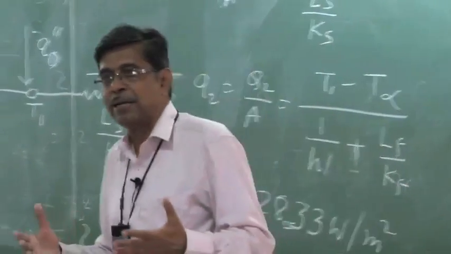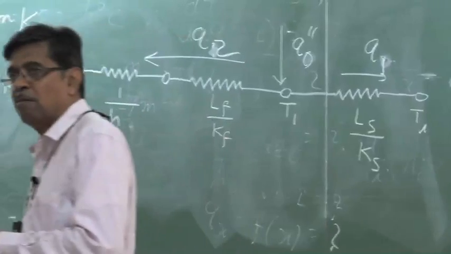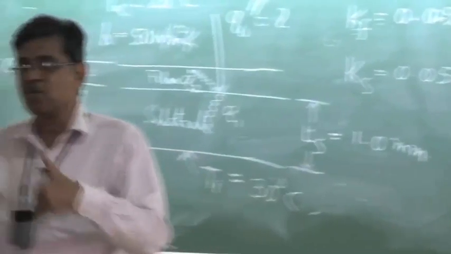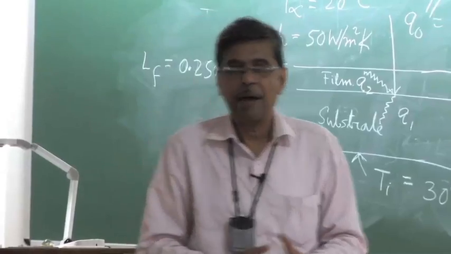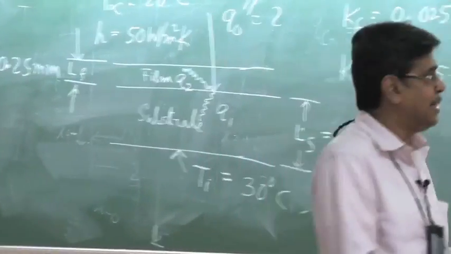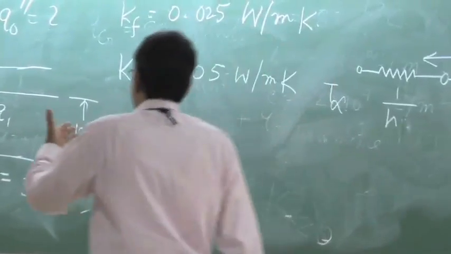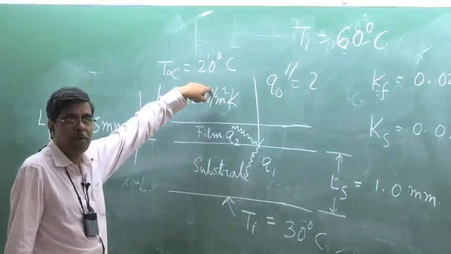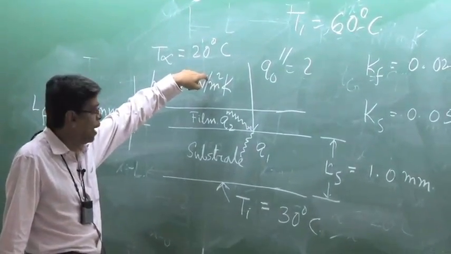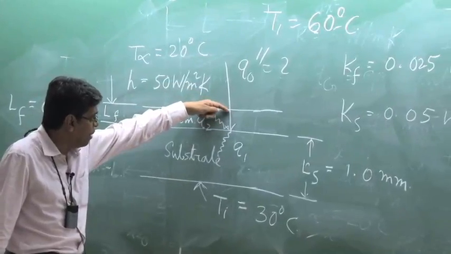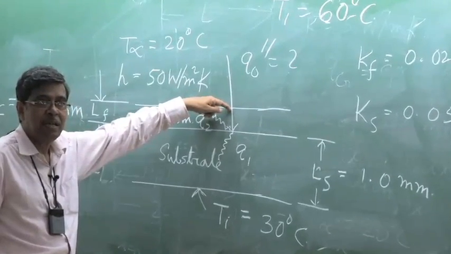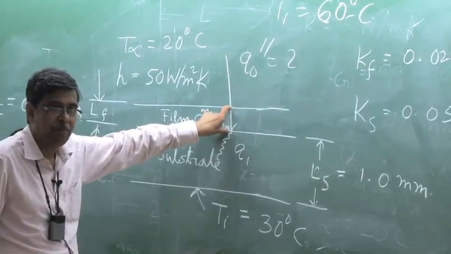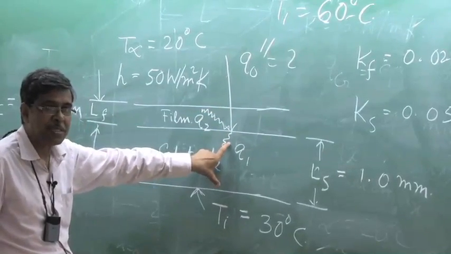Very good boy. That means you have to know what percentage of the heat is going through from the surface. And in that case, on this side the heat will go by convection, one part, and another part will suffer a series resistance heat transfer: conductive resistance of the film and conduction resistance of the substrate.